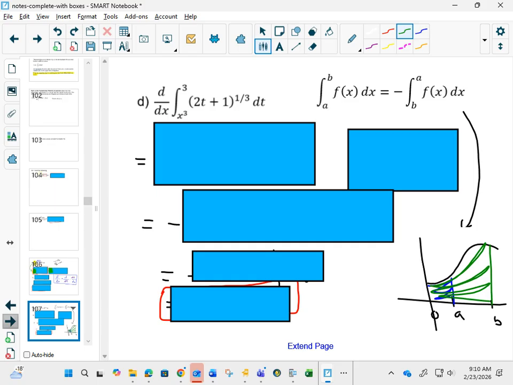That's a simple idea. If you subtracted them backwards, if you started with, right, here I'm saying I took the area up to B and subtract the area up to A. If I started with the area up to A and subtracted the area up to B, well then I would get a negative answer because I'm subtracting a bigger area.